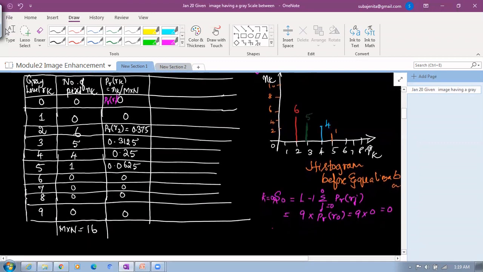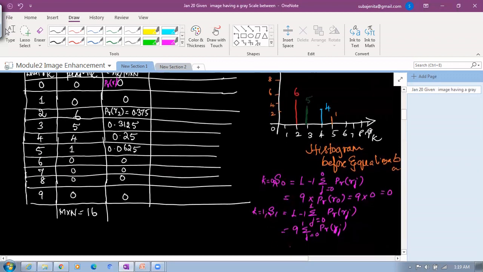Then for the next case, if we substitute k equal to 1, the formula becomes L minus 1 into summation j equal to 0 to 1 of PR of Rj, where L minus 1 is 9. I can expand this expression as 9 into PR of R0 plus 9 into PR of R1.